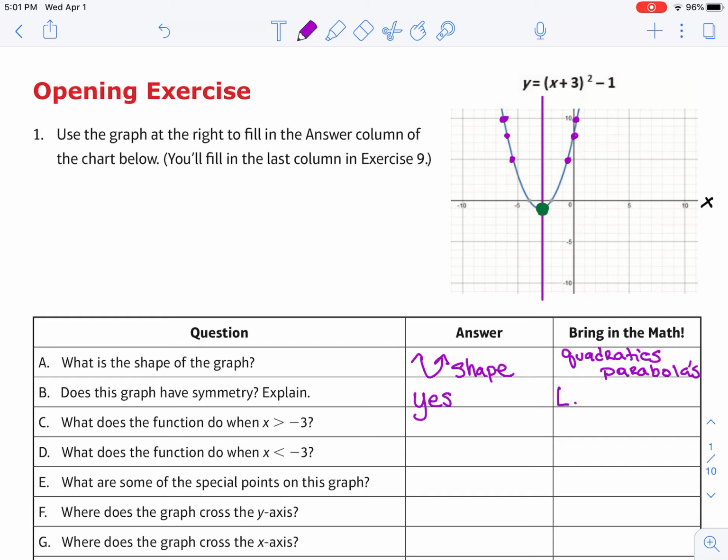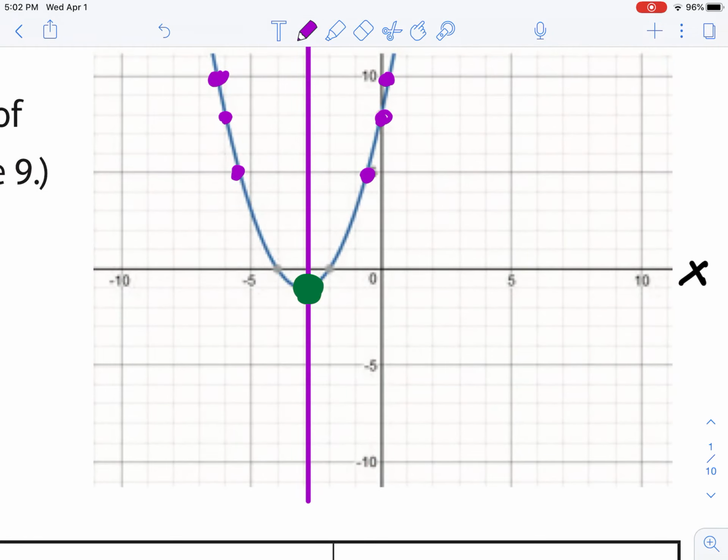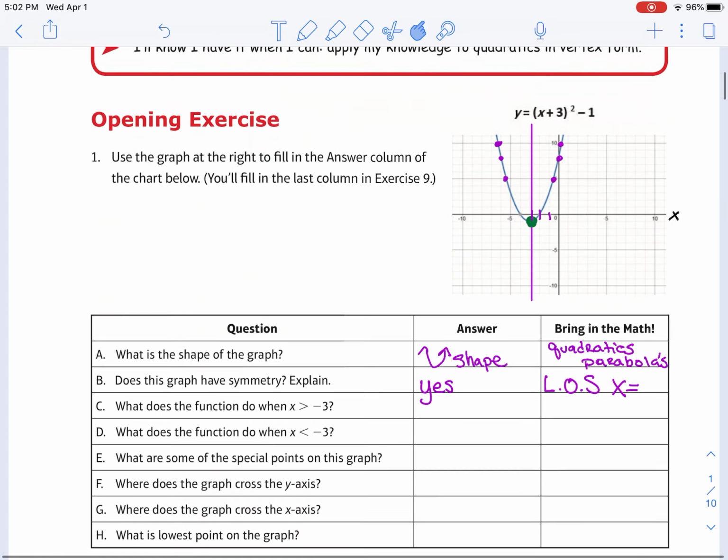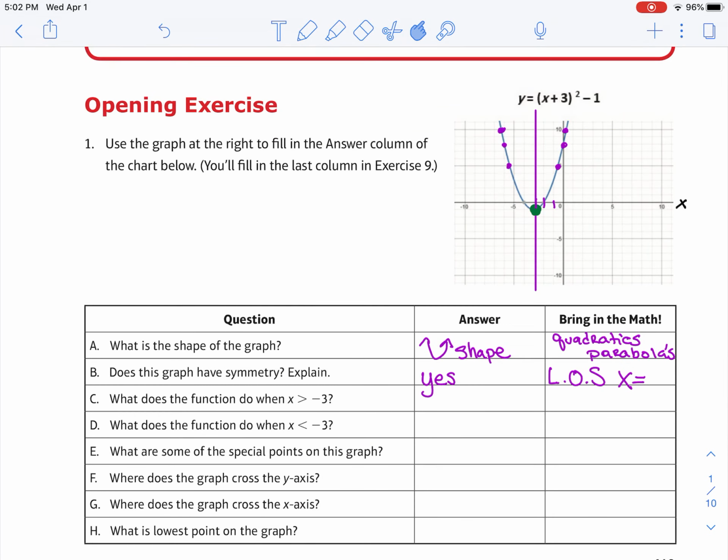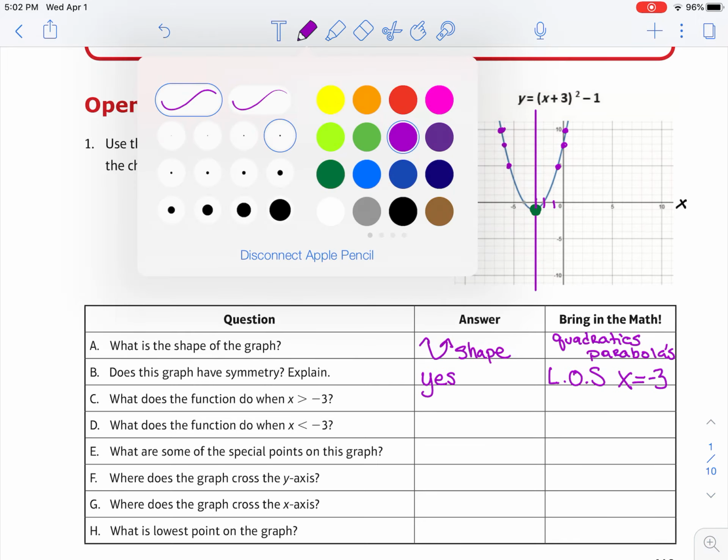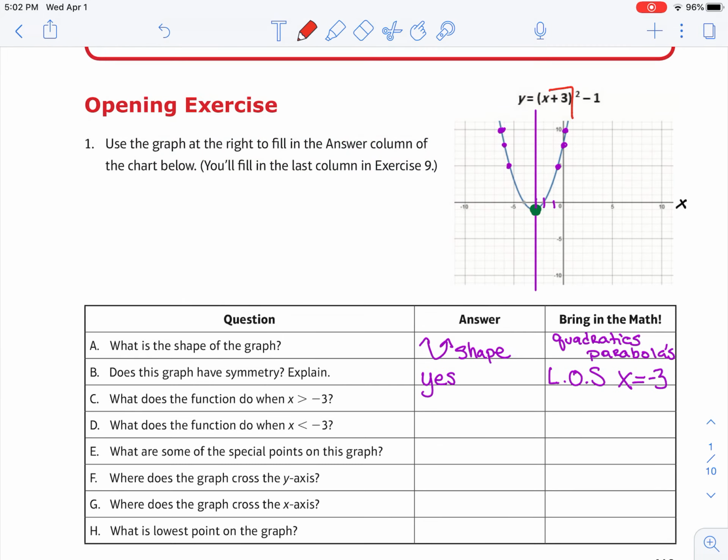And we're going to say the line of symmetry, or the LOS, is at x equals 1, 2, 3, and it's negative. Okay, so I just did that for you based off of the picture, but there's a way that that comes into play using that number too.